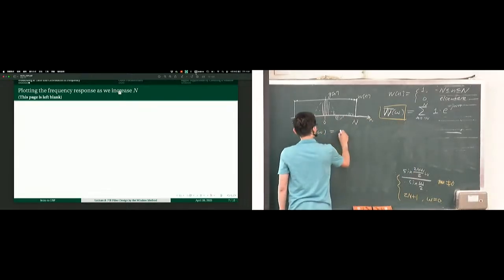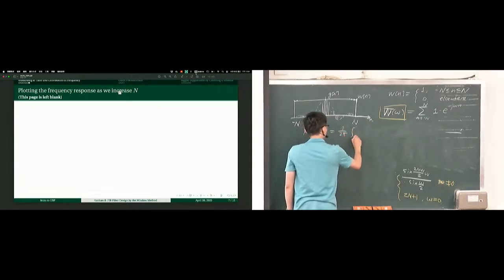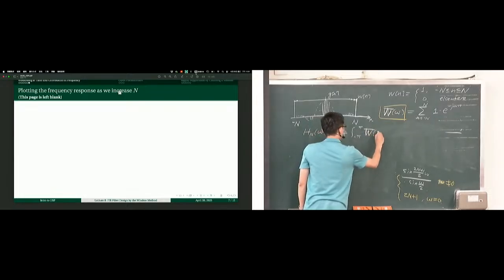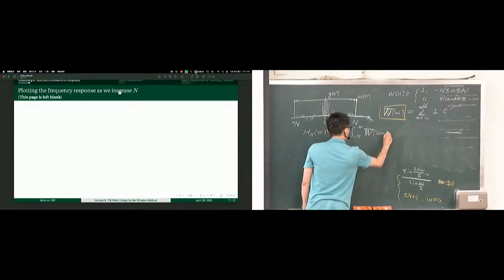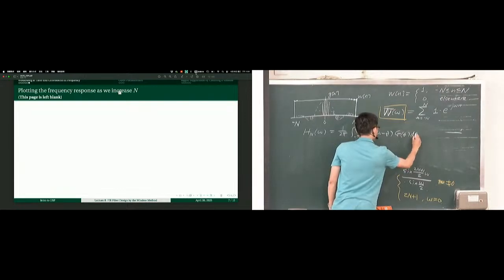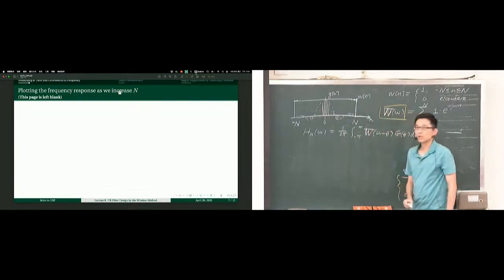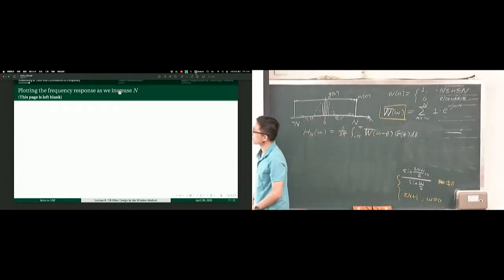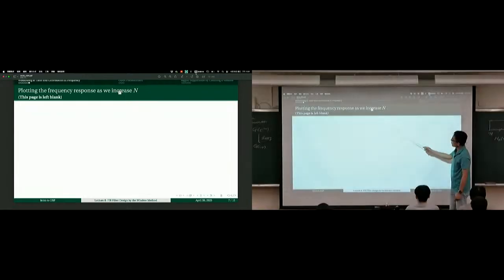It equals 1 over 2 pi, integral from minus pi to pi, of W of omega minus theta, and G of theta, d theta. So that's the expression, the circular convolution. I want to give you this exercise, and we want to plot the frequency response as we increase n.